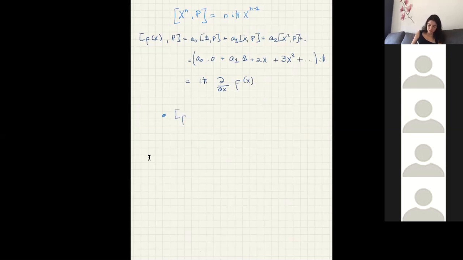So f of x with p, for any function of x that can be expressed as a power series, is just this. And you can see, maybe this will be an exercise later, but maybe not, that the same applies if you put here a function of p.